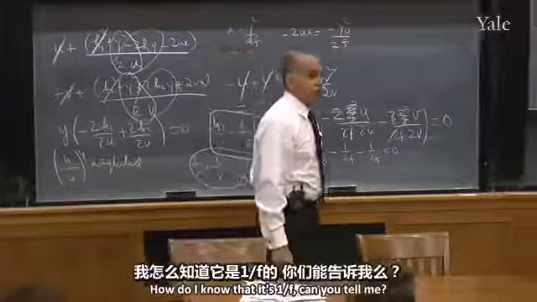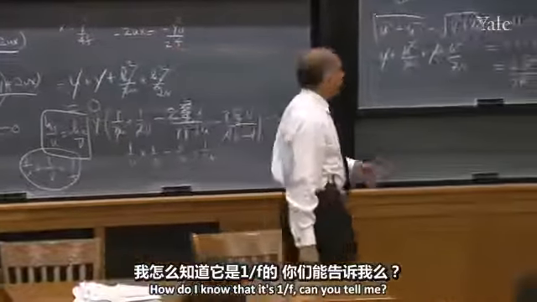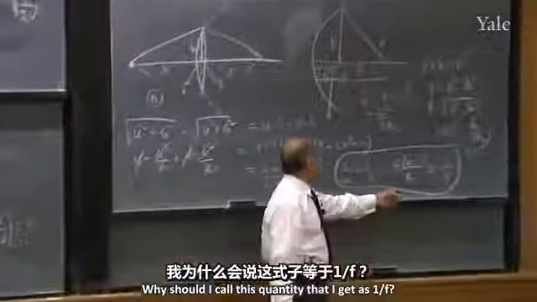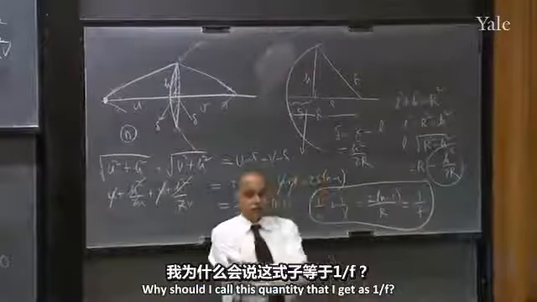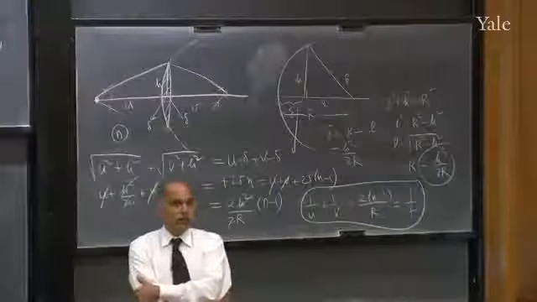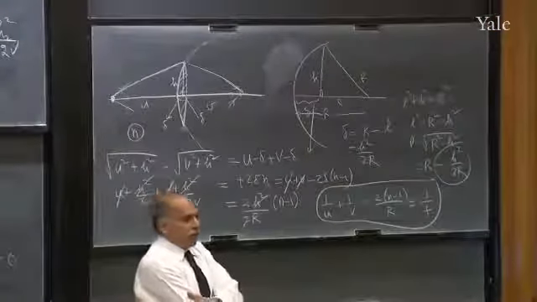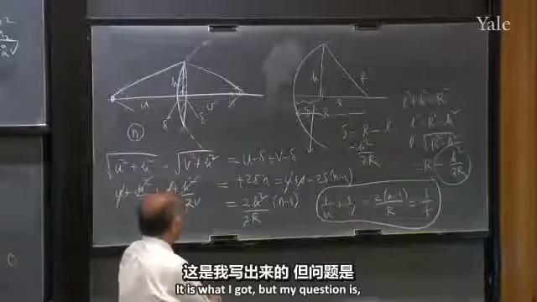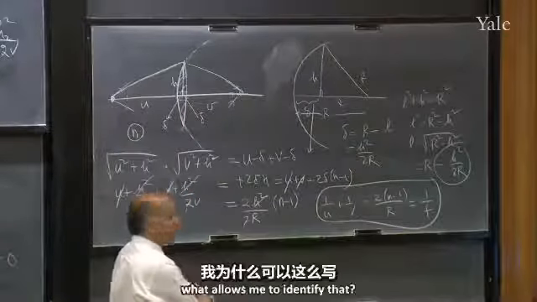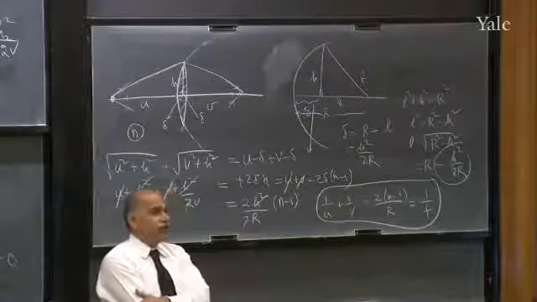How do I know that's 1 over f? Can you tell me? Why should I call this quantity that I get 1 over f? It is what I got, but my question is, what allows me to identify that? Yes?